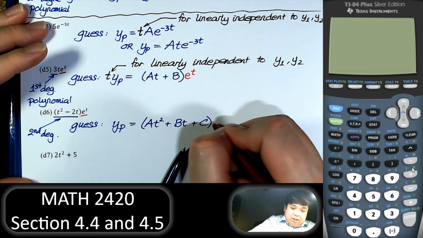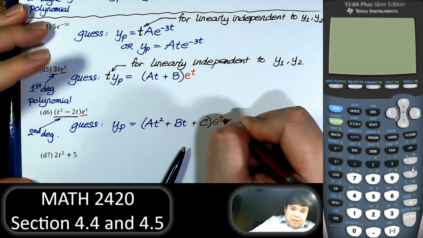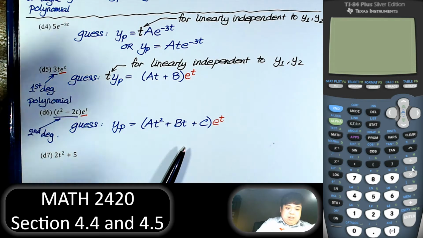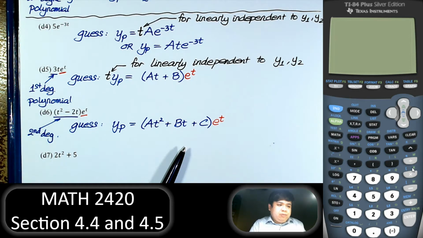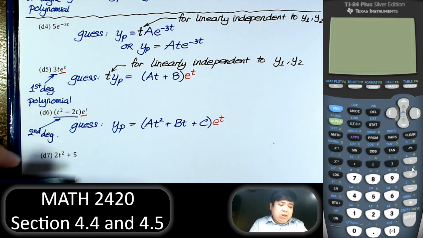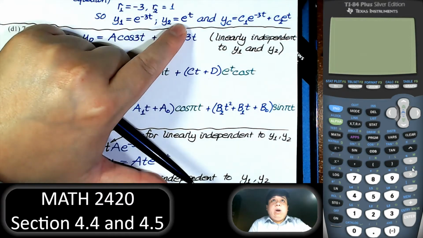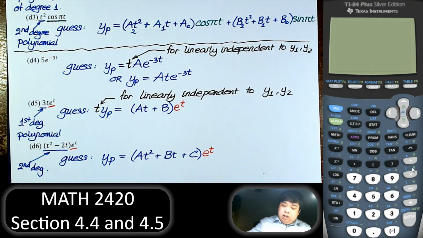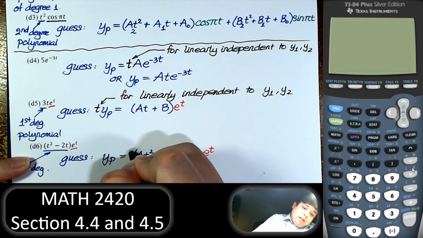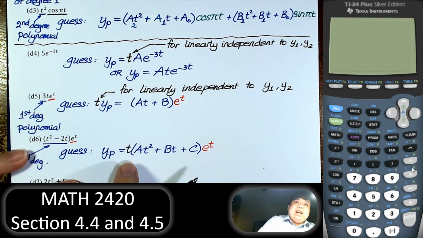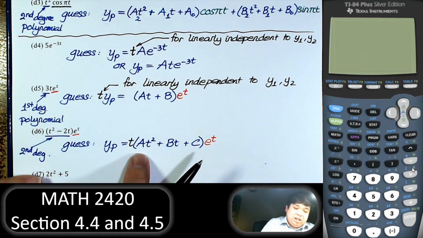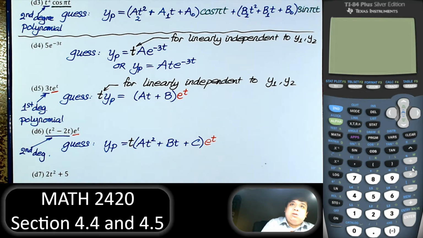And then e to the t, because e to the t is the form. And once again e to the t is there already, so we have to multiply by an extra t for linearly independent. I'm not going to write that again, but now we know why we have to multiply by t. Right, so it will be just that.